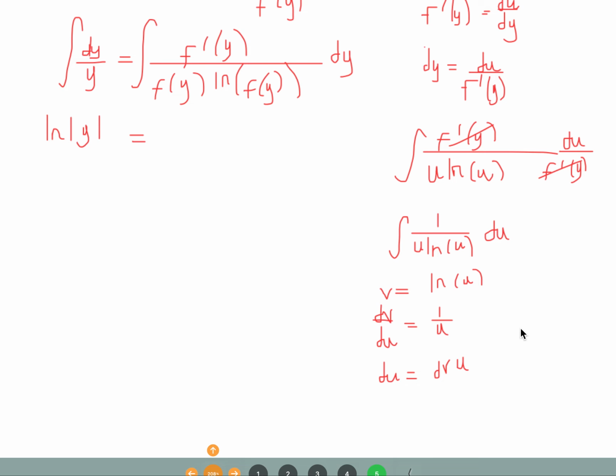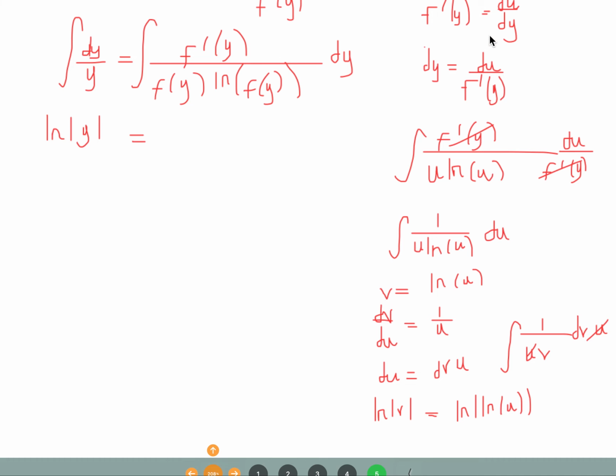So this integral becomes the integral of 1 over uv times u dv. So the u's cancel. So it's just going to be the integral of 1 over v, which is ln of v. Well, v was ln of u, so it's actually going to be ln of u.